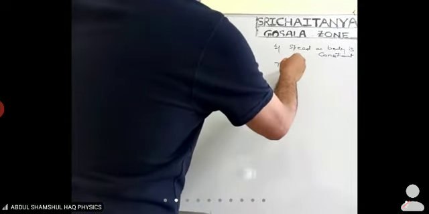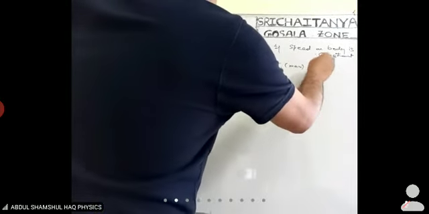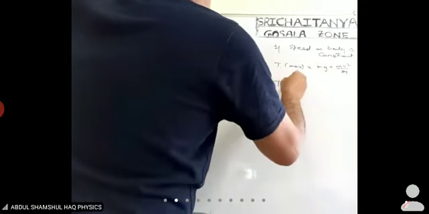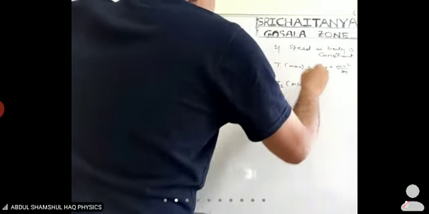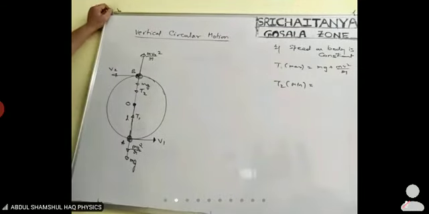Tell me students, at T1 the tension would be maximum, and that maximum tension will be equal to mg plus mv square by r. At T2 it would be minimum, and that would be mv square by r minus mg.